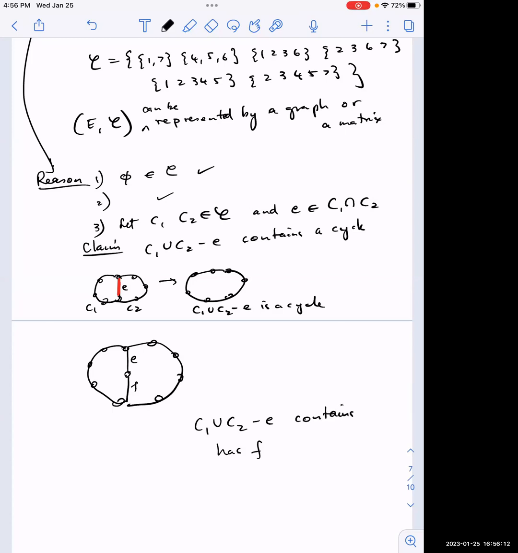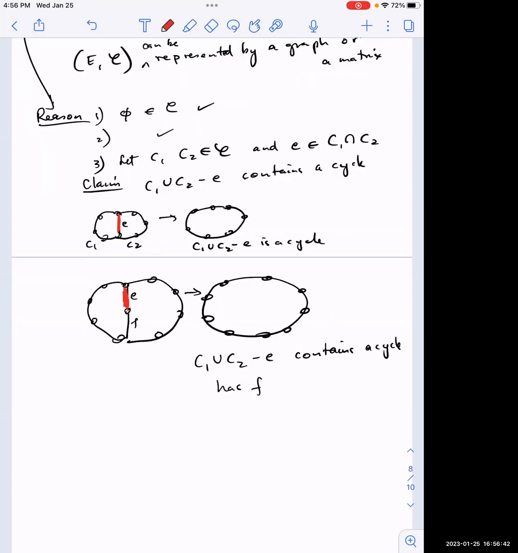So it's not a cycle, it contains a cycle. And the cycle that it contains is still this one. But remember, as sets, C1 union C2 minus E also has F. So it wouldn't be right to say C1 union C2 minus E is a cycle. So in that case, we say contains a cycle. If you're removing the red edge, the other edge is still there.